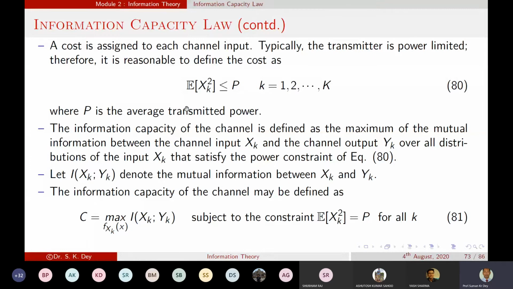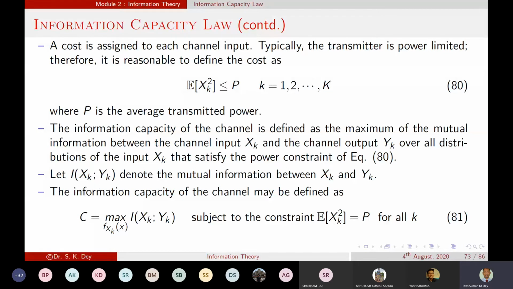So now the information capacity of the channel is defined as the maximum of the mutual information between the channel input Xk and the channel output Yk over all distributions of the input Xk that satisfy the power constraint. The power constraint means equation 80, and let the mutual information between Xk and Yk be I of Xk, Yk.